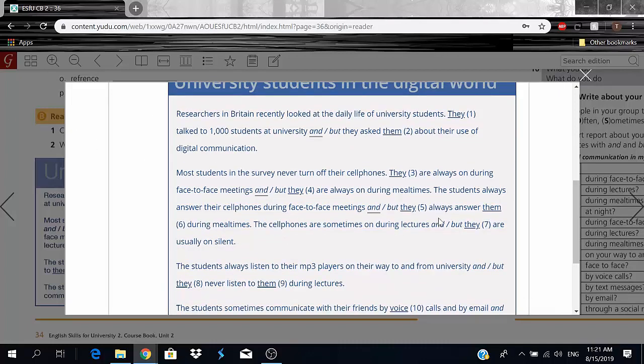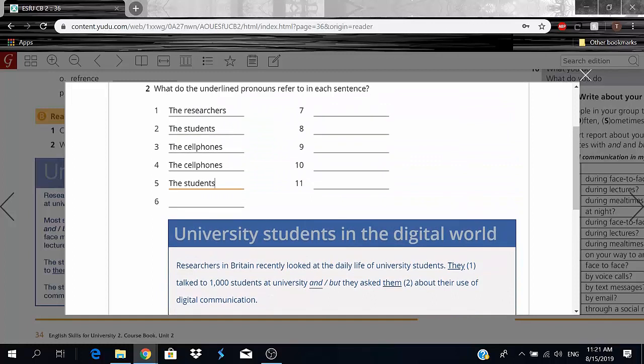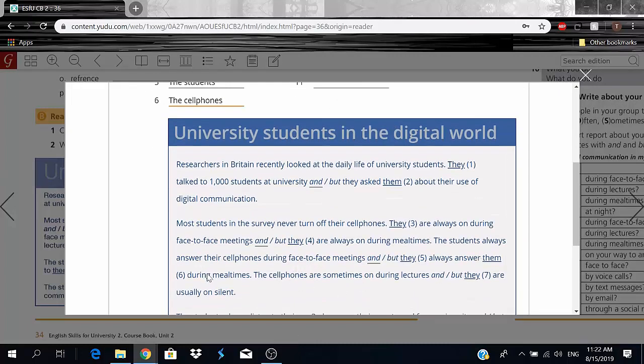And then we have always answer them during face-to-face meetings, and they always answer them, okay? Them is actually going to be talking about cell phones. So the cell phones one more time, where we have them during meal times, okay?